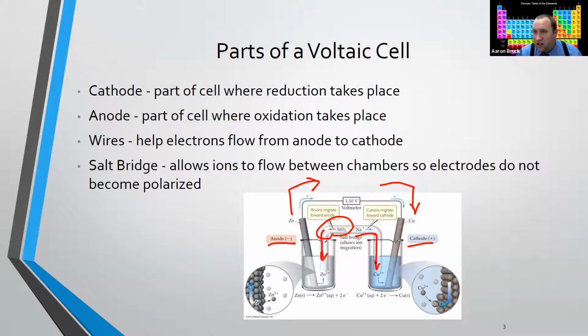You can't have oxidation without reduction. You can't have a cathode without an anode. The electrons don't actually travel unless there are wires to help the electrons flow from one side to the other. And if there isn't a salt bridge to help neutralize and diffuse the charge, then the cells end up becoming polarized anyway, and they eventually become useless.